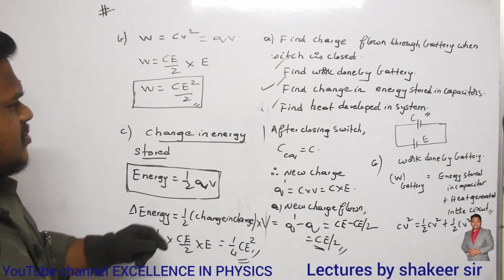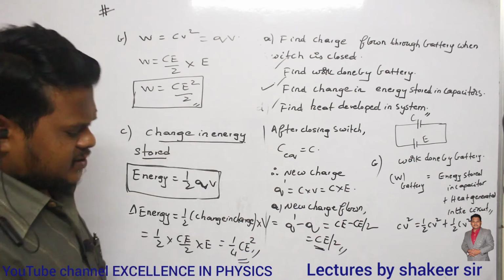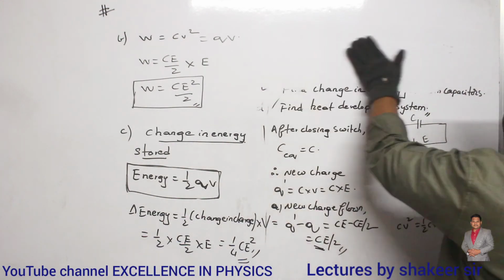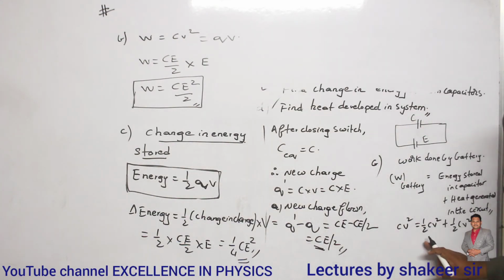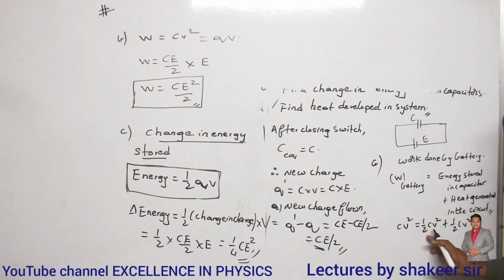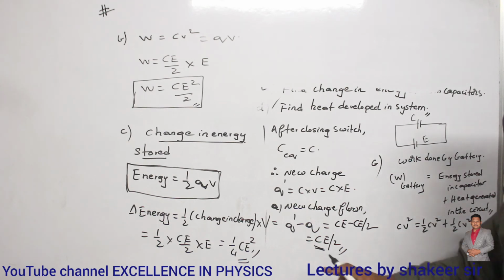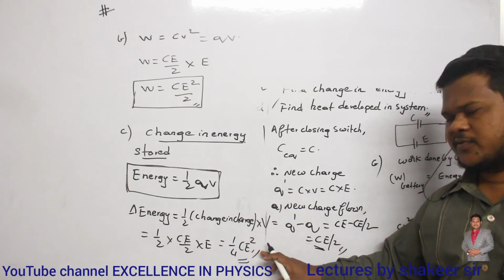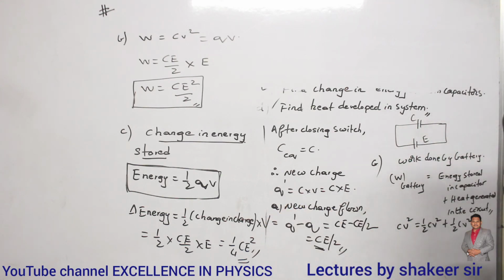Similarly, heat developed will be how much? The magnitude of that is also the same, because out of the total work done by the battery, half of the energy is stored as energy and the remaining half will be wasted as heat energy. If the change in energy stored is 1 by 4 CE square, then heat generated will also be 1 by 4 CE square only.